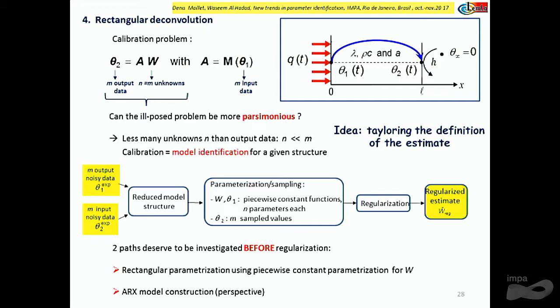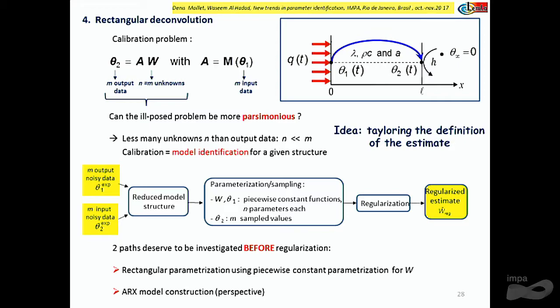So I will just talk a little about rectangular definition. Here you have the calibration problem. In the classical linear inverse problem, you have M outputs and N inputs, which are the unknowns.